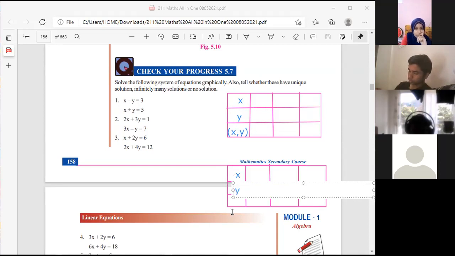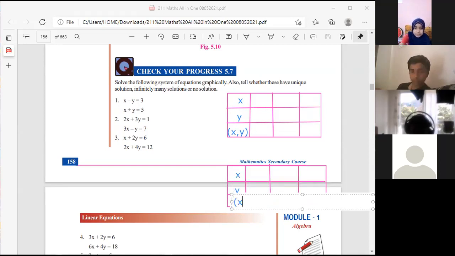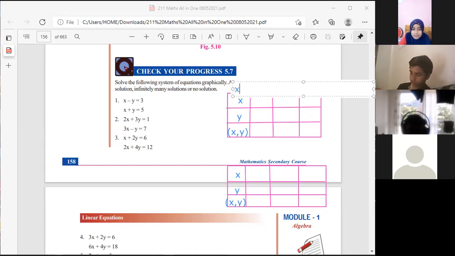Yes, teacher. Okay. Now the first equation is x minus y is equal to 3, and for this we are going to put points.